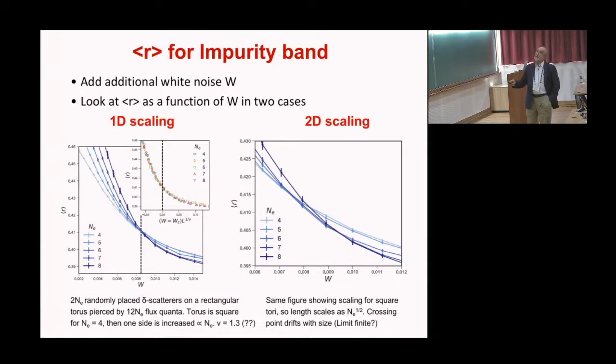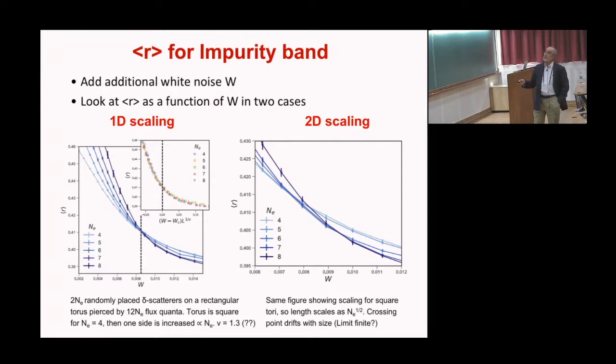So we did the one-dimensional scaling for this model, and it is very clear that the impurity band has a crossing and a many-body localized phase. Then we did the two-dimensional scaling. Notice that this was pretty unclear in the Hofstadter model, but in this model there is absolutely no doubt that there is a clear crossing for all the sizes.